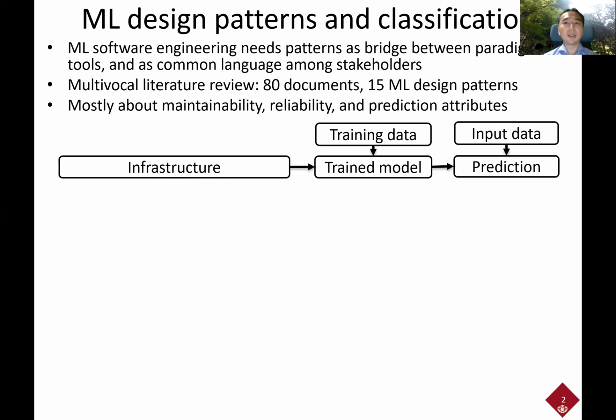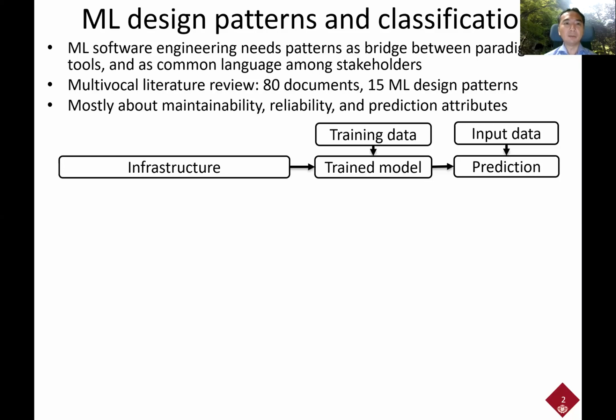And indeed, recently, there are some machine learning engineering patterns, especially machine learning software design patterns, emerging. However, to the best of our knowledge, there is no comprehensive study on the state of the art of those patterns.